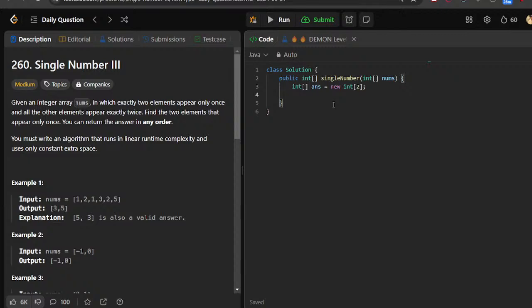I don't remember the value. int XOR val. 0 XOR anything is that value itself. For int num in nums, XOR val XOR equals num.